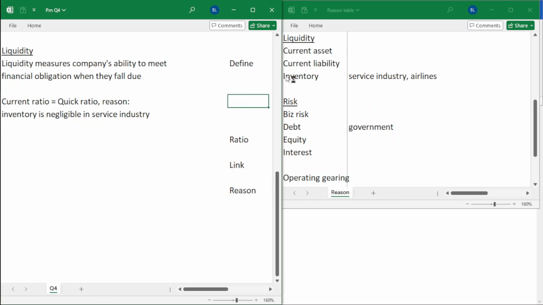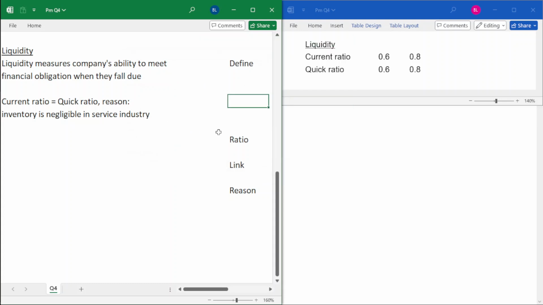So you provide a reason. Besides that, ratio and reason are done already, so we can talk about the link.